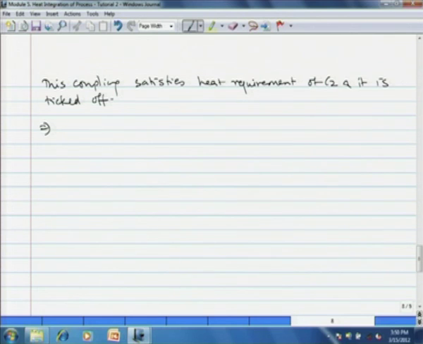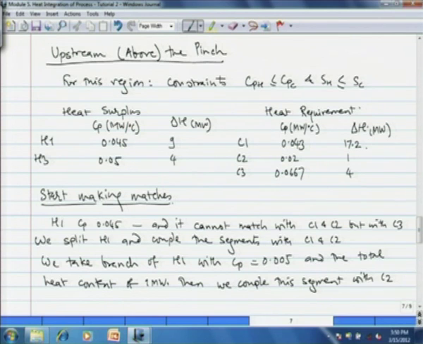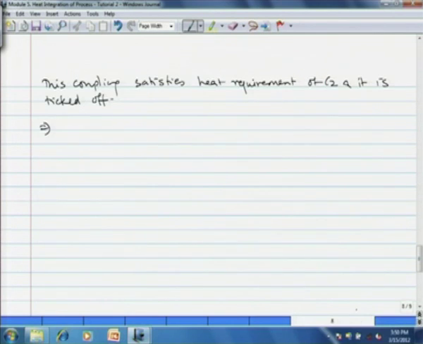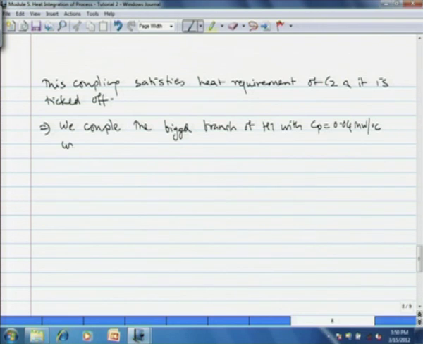Now, C1 has quite high heat load, as we have already seen. It requires 7.2 megawatts. So, partially it is satisfied through the bigger branch of H1. Okay. So, that point we note. We couple the bigger branch of H1 with Cp of 0.04 megawatt per degree centigrade with C1.